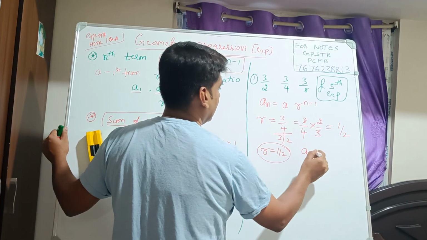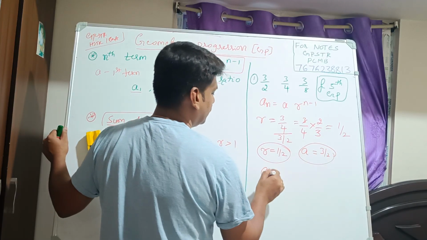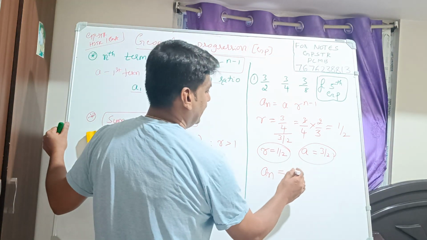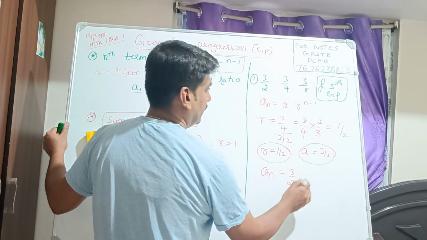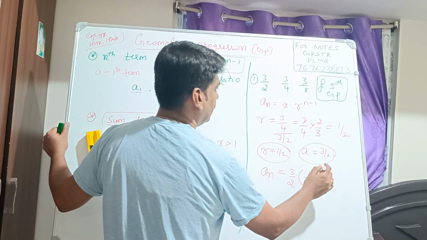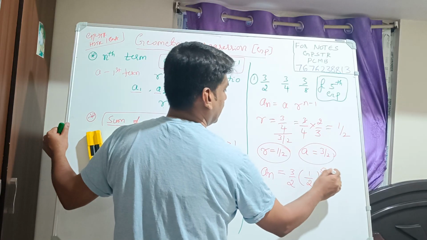What is the value of a? a is 3 by 2. Now start substituting in the given formula: an is equal to a. The a value is 3 by 2, r is 1 by 2, and n is 5 because the fifth term is given, so it is 5 minus 1.